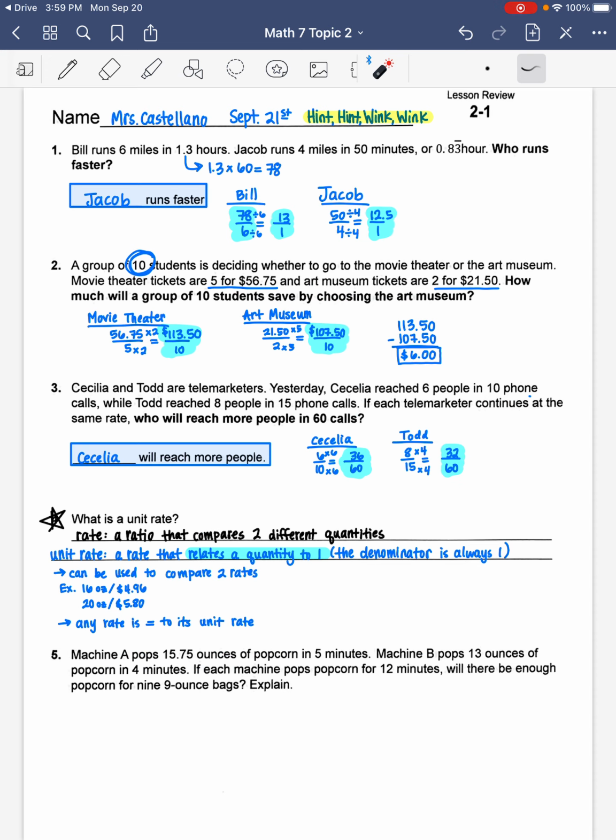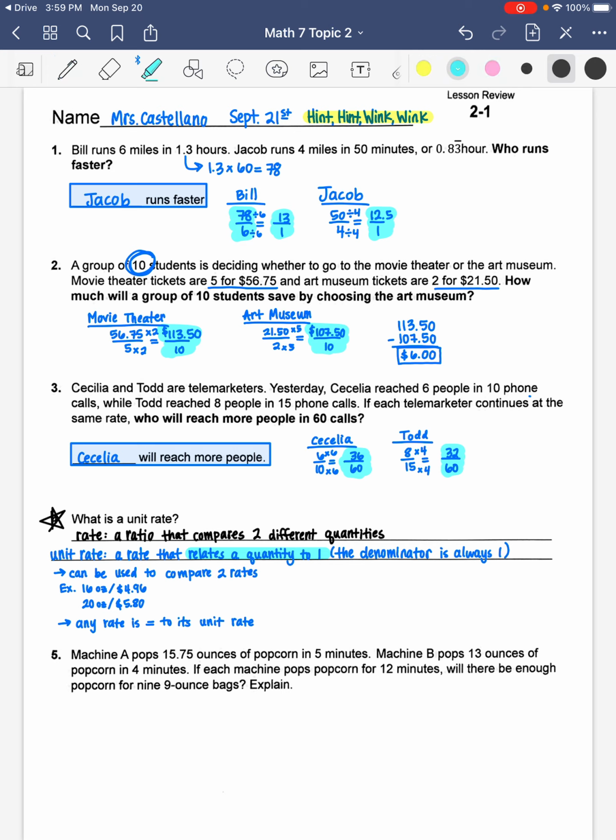Okay, last question, number 5. Machine A pops 15.75 ounces of popcorn in 5 minutes. Machine B pops 13 ounces of popcorn in 4 minutes. If each machine pops popcorn for 12 minutes, will there be enough popcorn for 9 9-ounce bags? Explain.